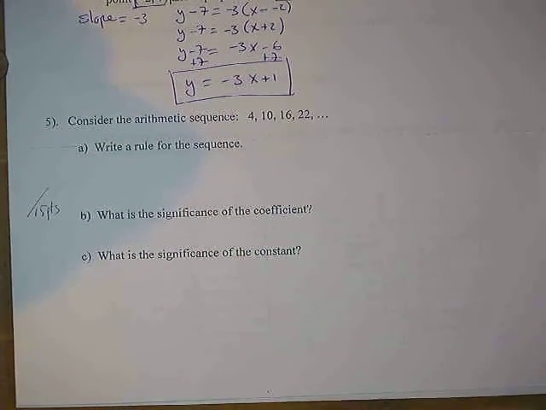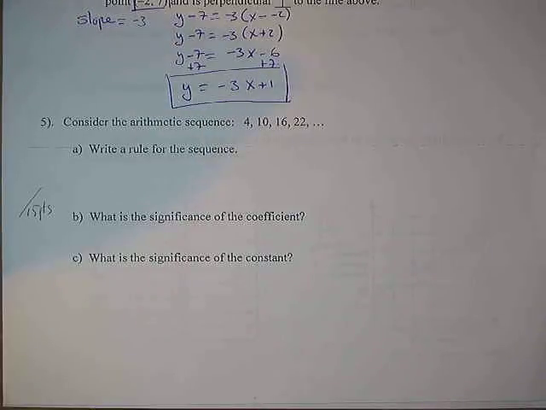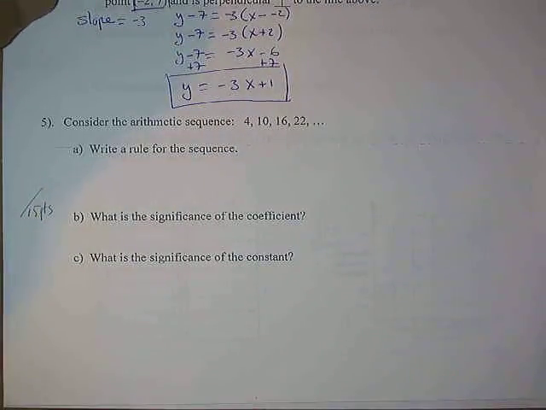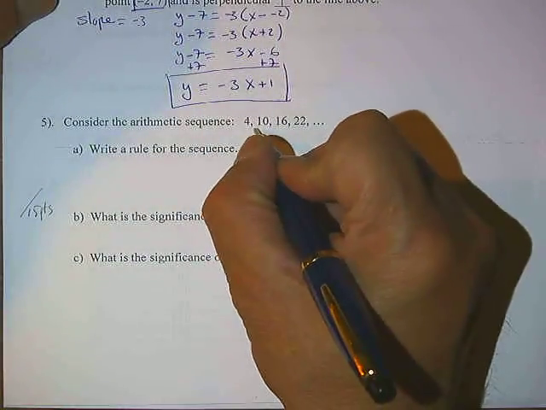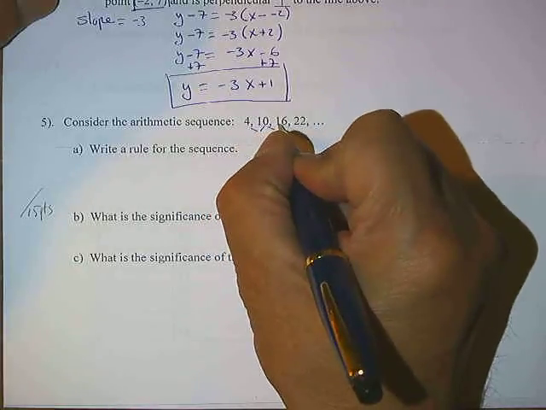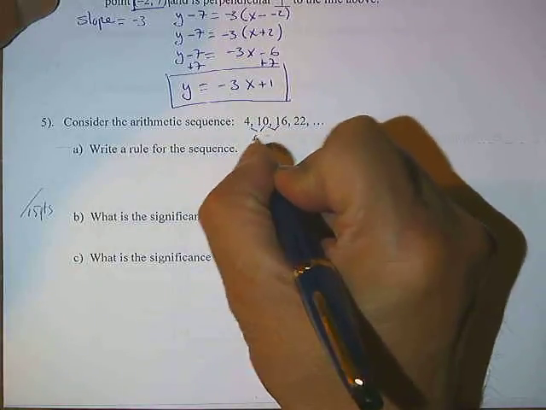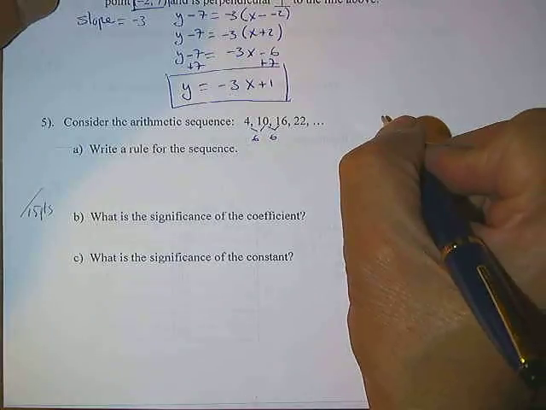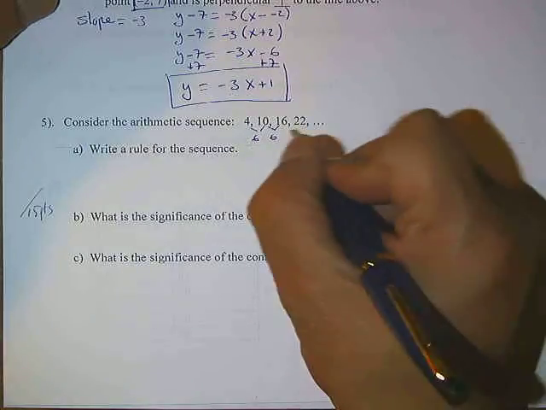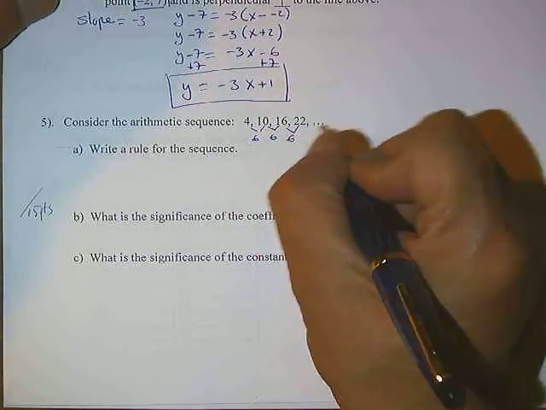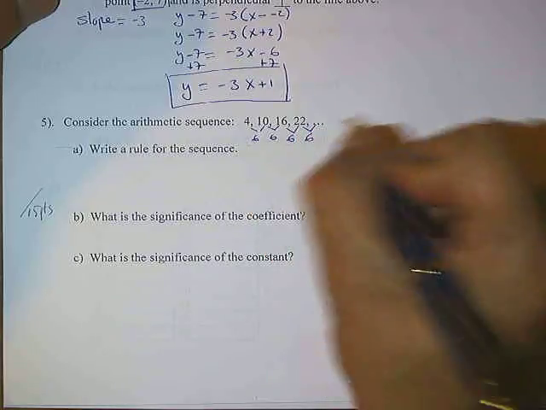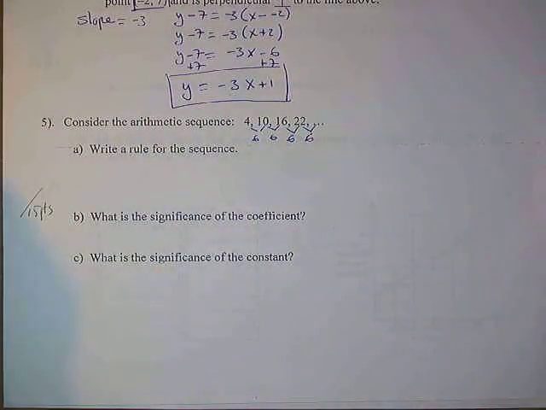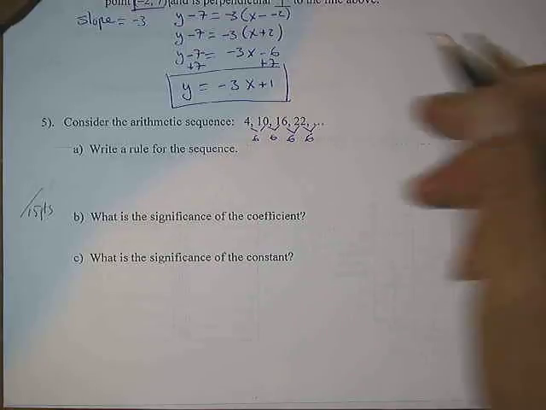Alright, number 5. Push this up so I don't write out of view again. Number 5. Consider the arithmetic sequence 4, 10, 16, 22. Write the rule for the sequence. So it looks like it's increasing by 6.